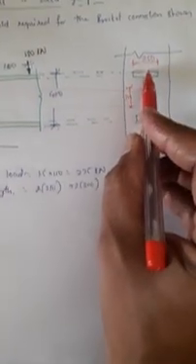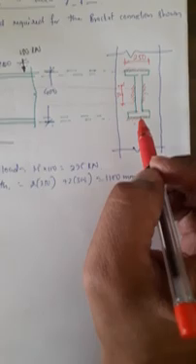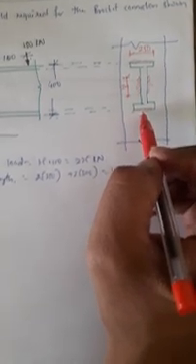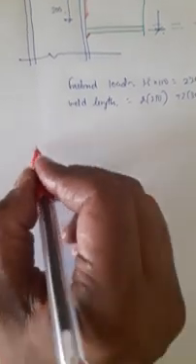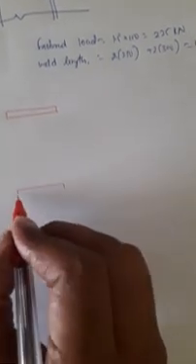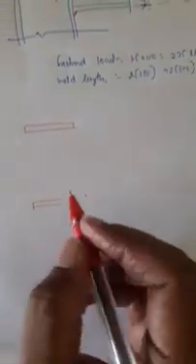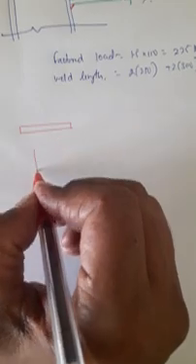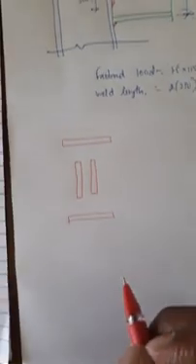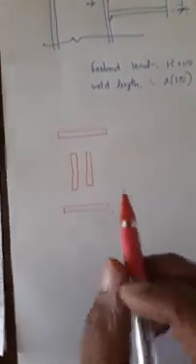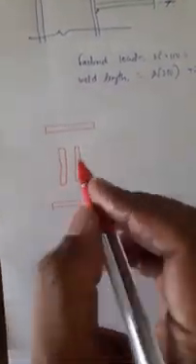Now my next step will be to draw a detailed diagram of only the weld. So these portions, I am going to draw an enlarged view of this: weld at the top of the flange, weld at the bottom of the flange, weld at both the sides of the web of the beam.